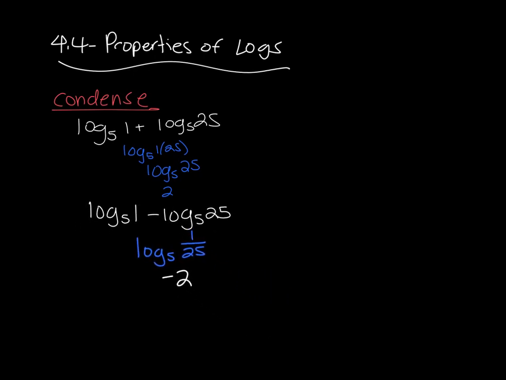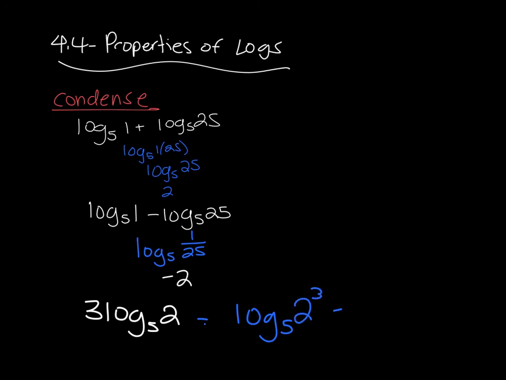The last thing is if there's a number on the front and I want to condense this, what happens to that number on the front? It becomes the exponent. So this would become log base 5 of 2 to the third.